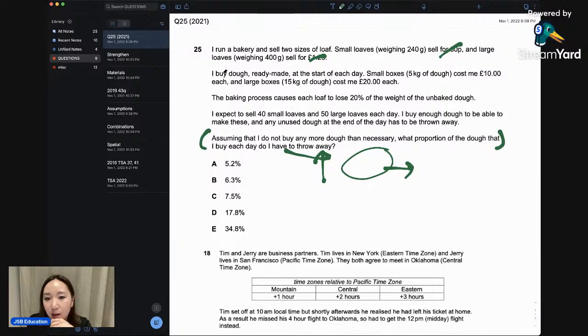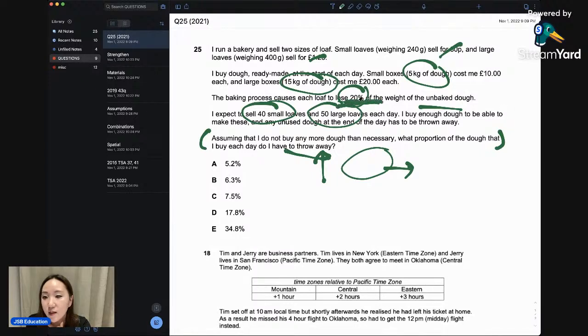Large loaves, 400 grams. I buy dough ready made at the start of each day. Small boxes are 5 kilograms, and large boxes are 15 kilograms. Baking process causes loaf to lose 20% of the weight of the unbaked dough. And we're selling 40 small loaves and 50 large loaves. I buy enough dough to make these and then throw away the unused.